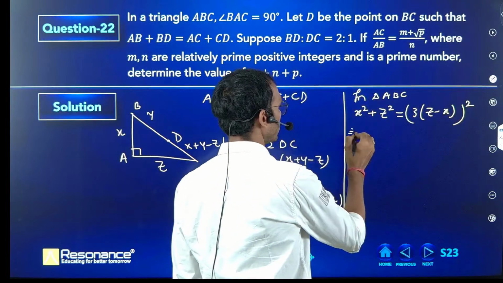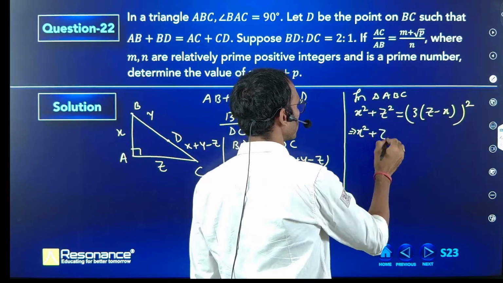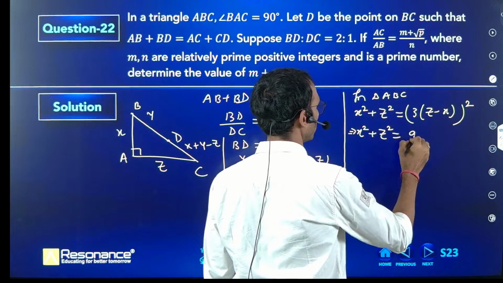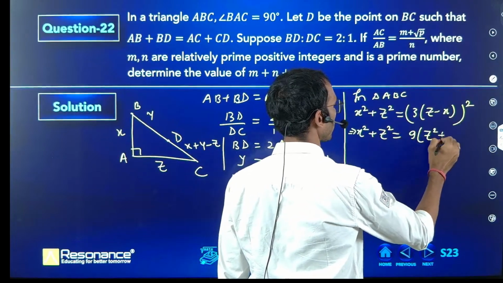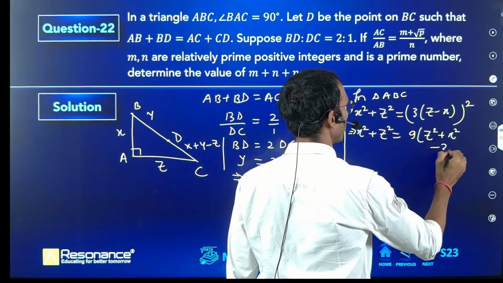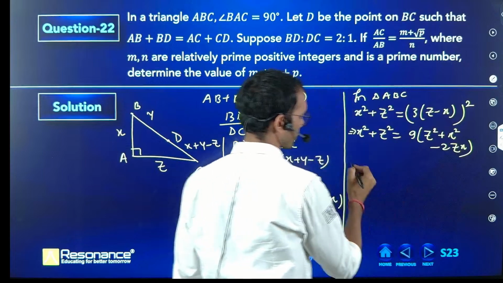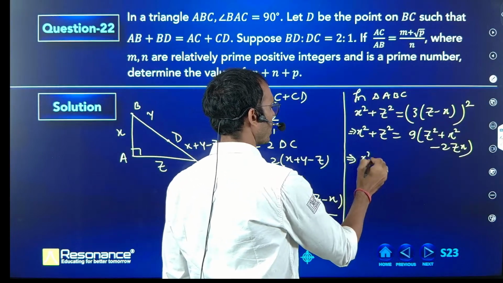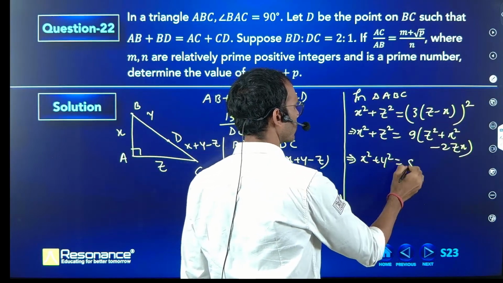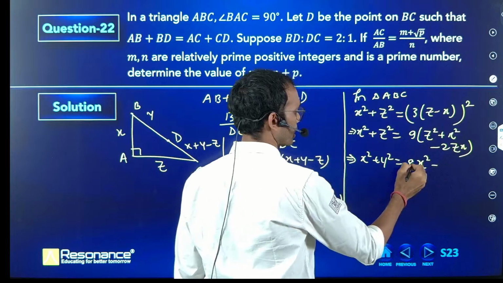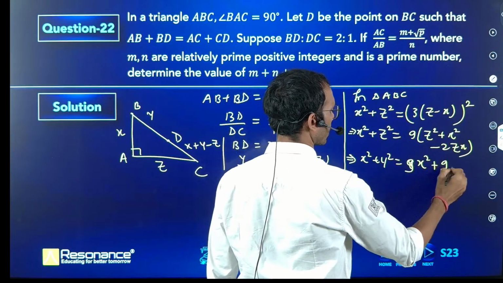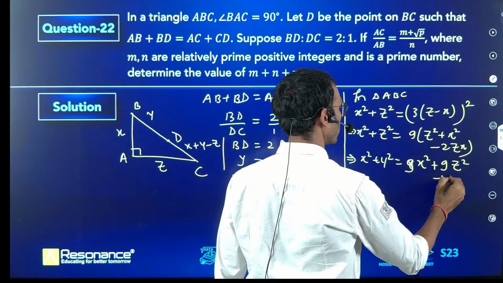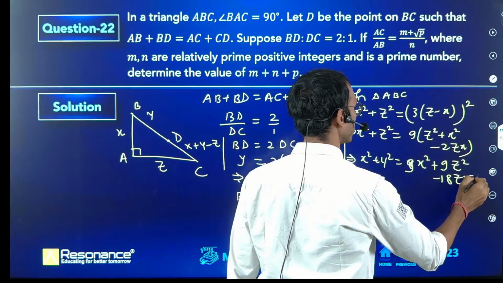Okay, so that is x square plus z square equals 9 times (z square plus x square minus 2 times zx). So 9x square plus 9z square minus 18zx minus x square minus z square equals 0.